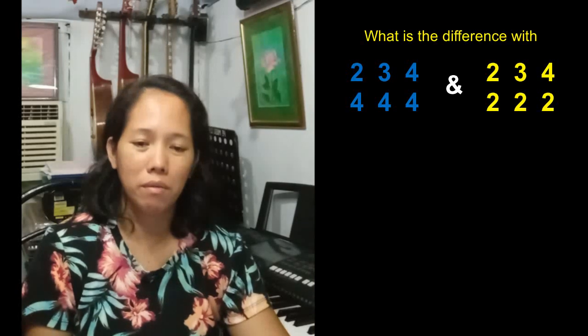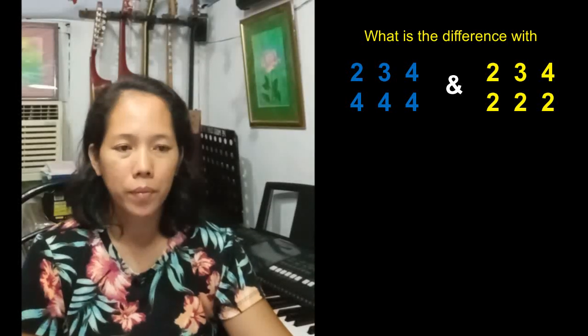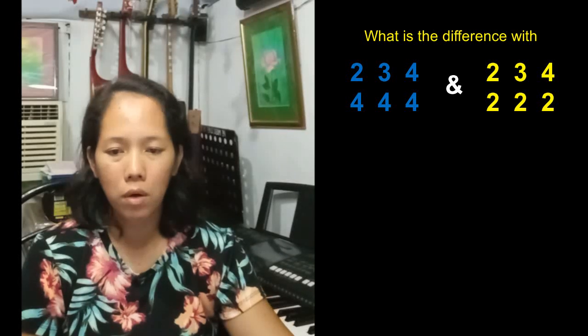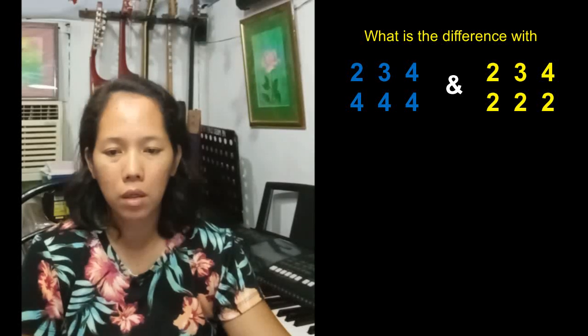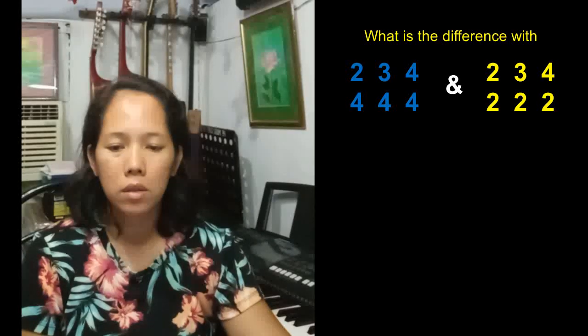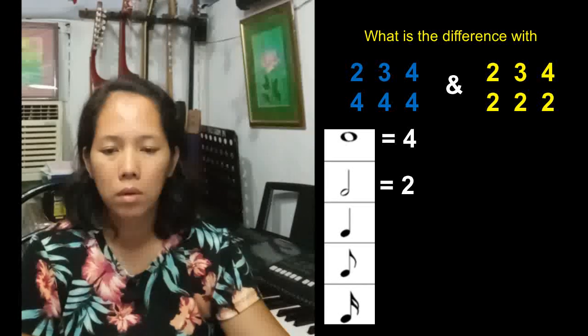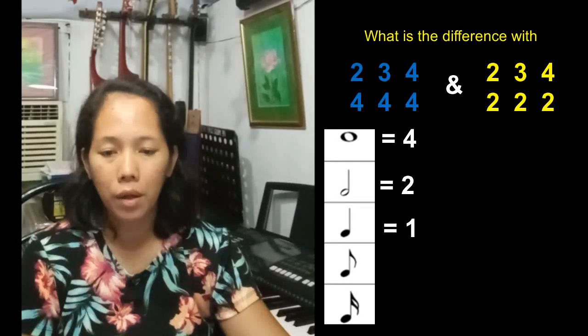In time signatures like 2/4, 3/4, 4/4, anything with the number 4 as the lower number, this is equal to 4, this is equal to 2, this is equal to 1, this is equal to 1/2, and I've already explained this one, and this is equal also to 1/4.